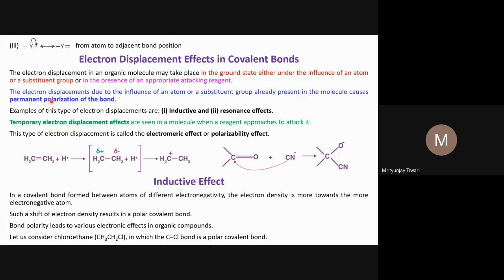And the examples of this permanent polarization of the bond, or the displacement of electron density because of the presence of an atom or the substituent group, are the inductive effect and the resonance effect.